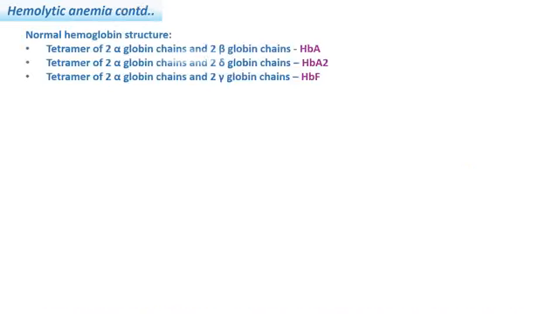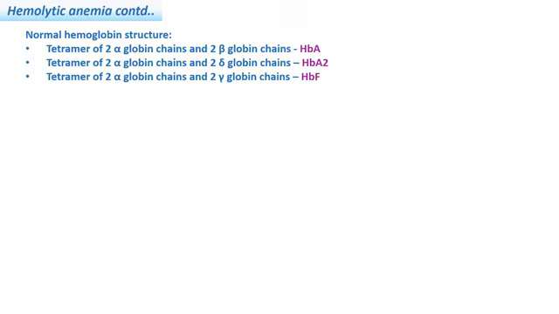Let us discuss about the normal hemoglobin structure. In the tetramer of the hemoglobin, two alpha globin chain and two beta globin chain forming the normal hemoglobin A. Tetramer of two alpha globin chain and two delta globin chain forming hemoglobin A2.